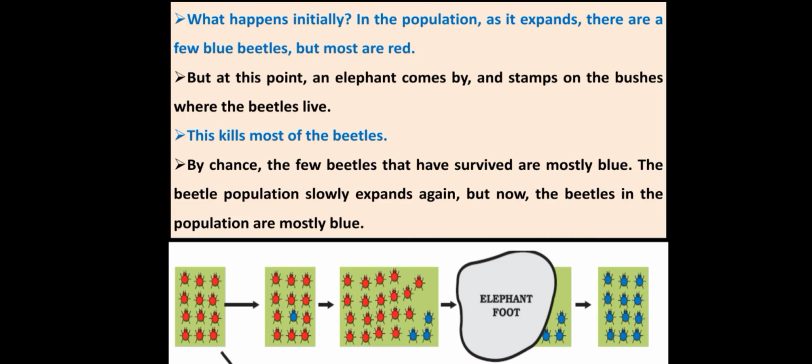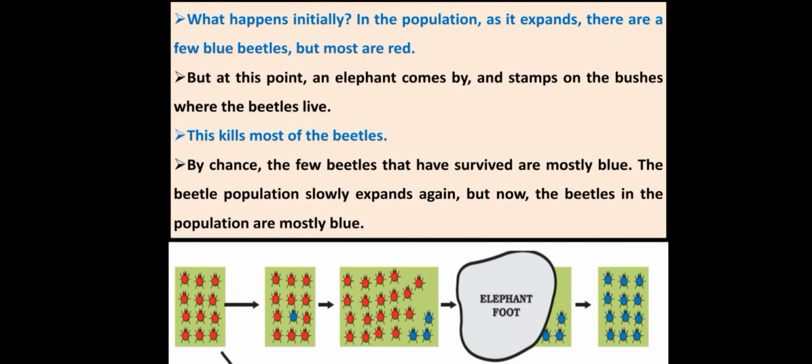What happens initially? In the population, as it expands, there are a few blue beetles, but most are red. But at this point, let's assume an elephant comes by and stamps on the bushes where the beetles live. This kills most of the beetles.